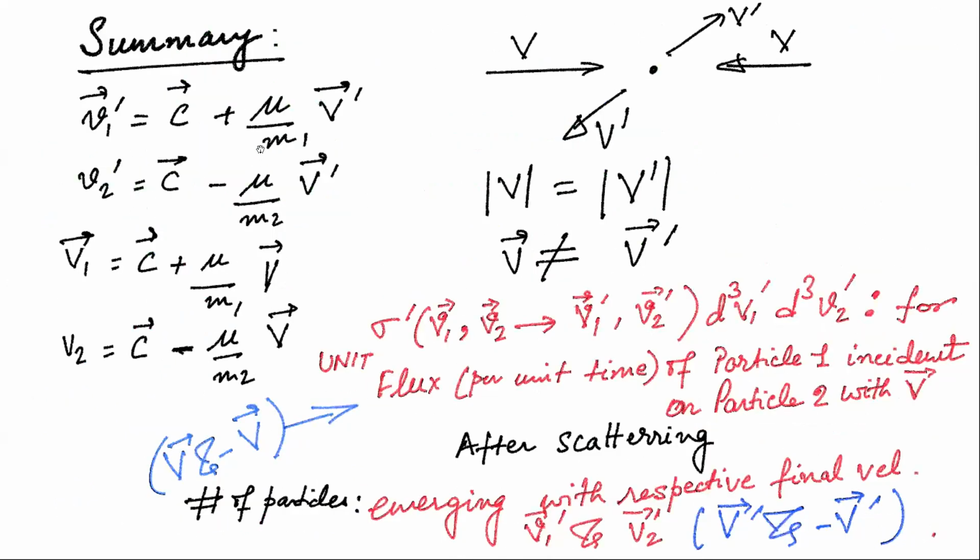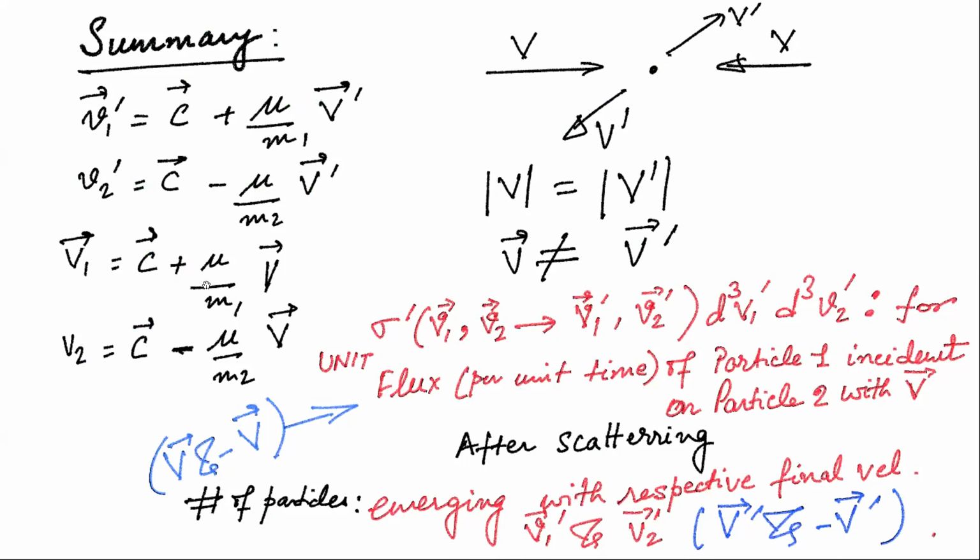So the direction is opposite, but the magnitude is different, because this is mu by m1 and this is mu by m2. And similarly, when they're approaching, this should be v1 vector, this should be v2 vector.